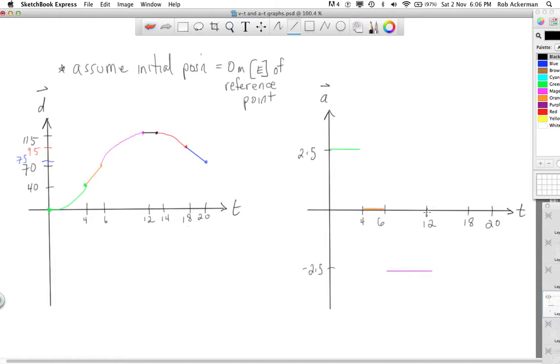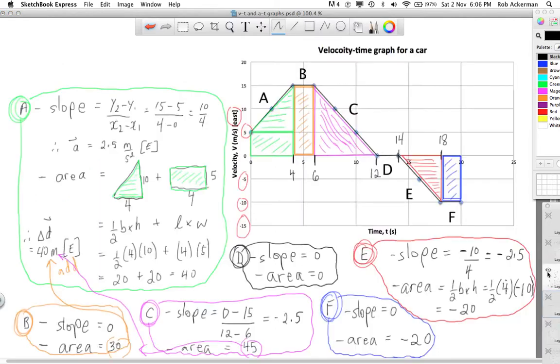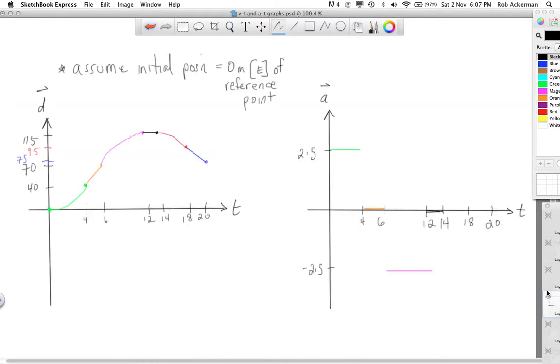So for 2 seconds, oops, that's not a very good line there. There we go. And by the way, it looks like I forgot to put in the 14 there. There we go. And finally, or rather almost finally, red, negative slope 2.5, lasting 4 seconds.